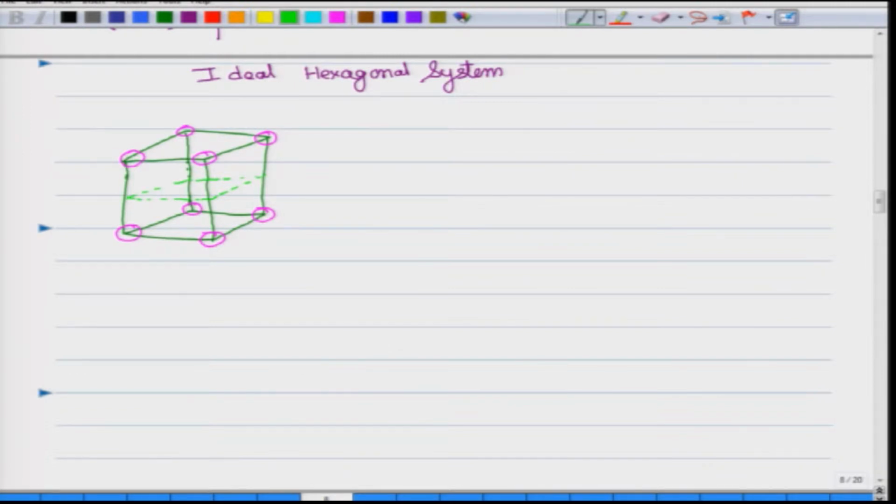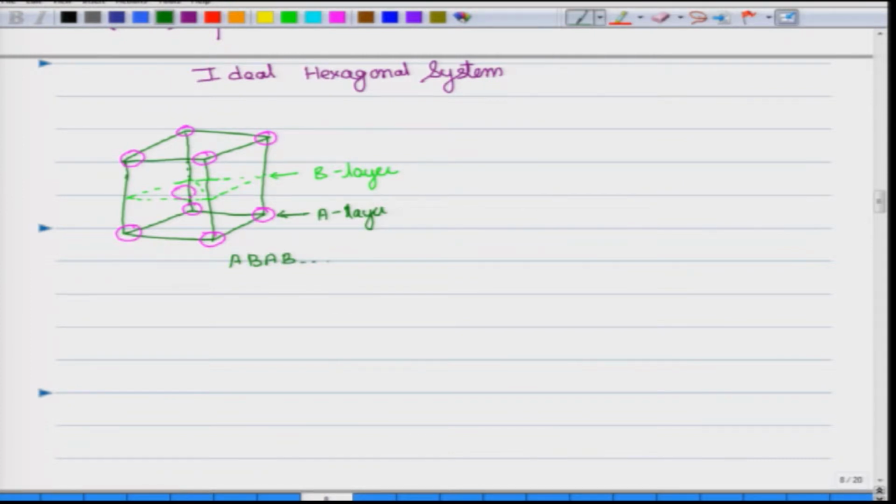So, these are your A layers and this is your B layer, and in this B layer, if you divide it, there will be 2 triangles and one of these triangles will contain this B atom. So, this forms the B layer, and these layers form AB. And we all know, and I have already said again and again, that HCP is AB type of packing.